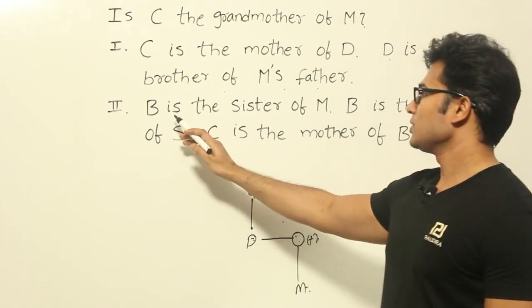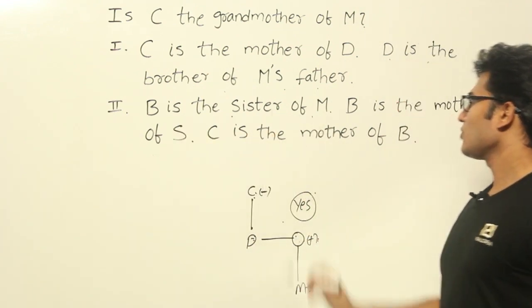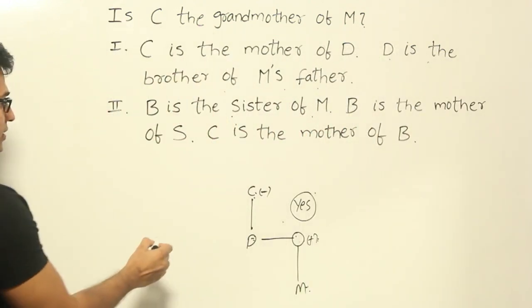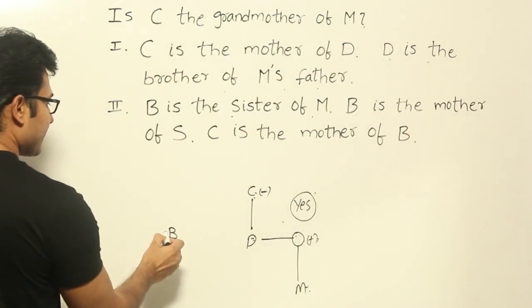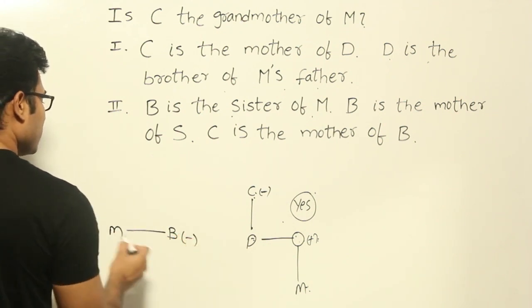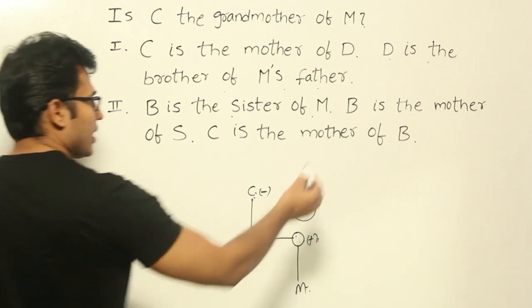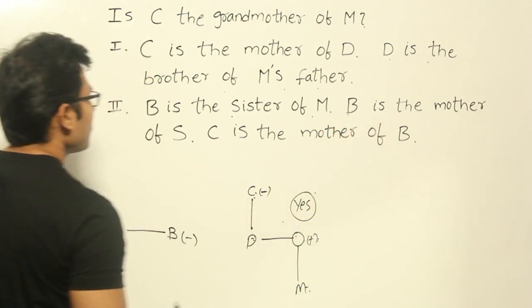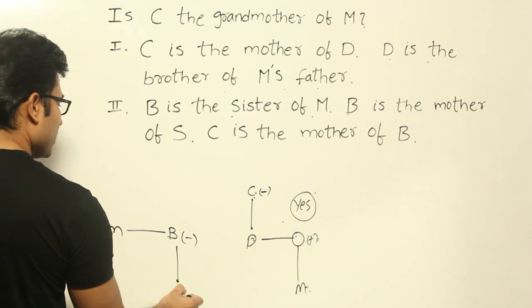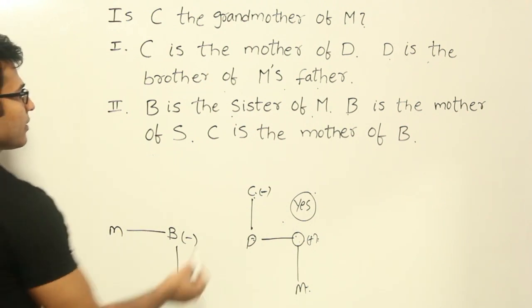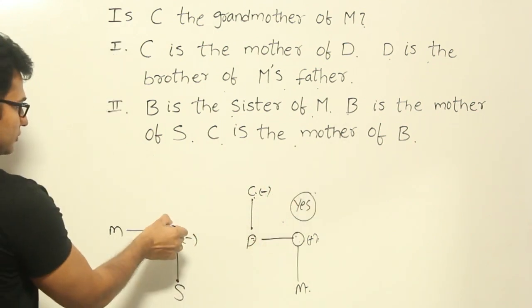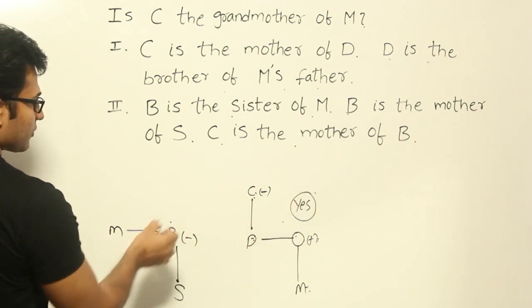In statement number 2 it is given that B is the sister of M, right? So B is the sister of M, both are siblings, right? We don't know the gender of M as of now. And now B is the mother of S, so B is mother of S, and C is mother of B, right?